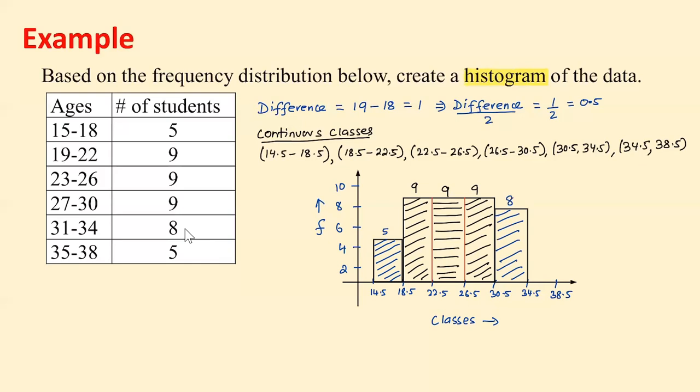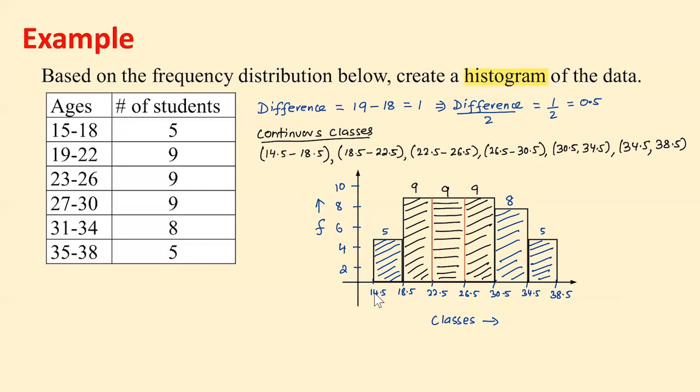That is 8. And we have one more to go. The last class has a frequency of 5. So we draw the vertical bar of height 5. Height 5 is the same as the first one. So that much. This is 5. So this is the complete histogram.